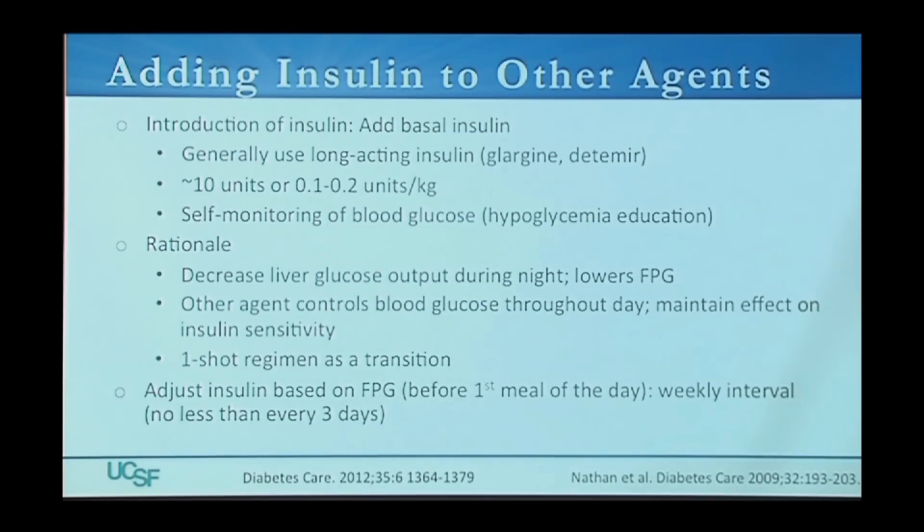The rationale is that the insulin will help keep the blood sugar under good control overnight, and then in the morning you wake up and take your non-insulin medications to help maintain blood sugar control during the day. We can have very good effect on sugar control in this type of regimen.